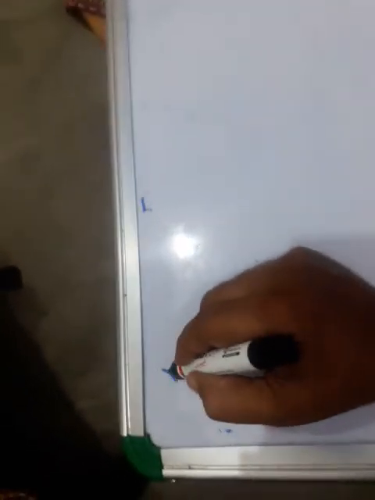Let us adjust the board first, children. Now in triangle AOD and COB we are talking about now.